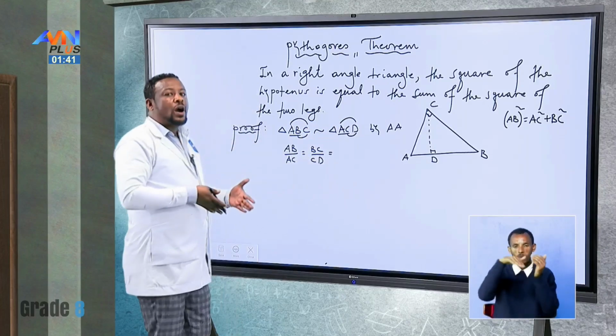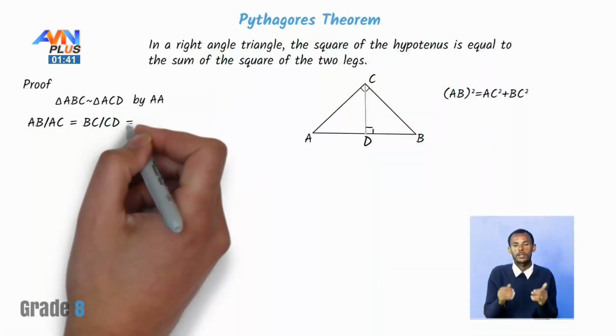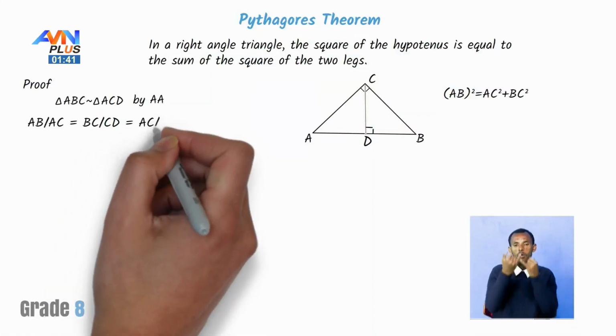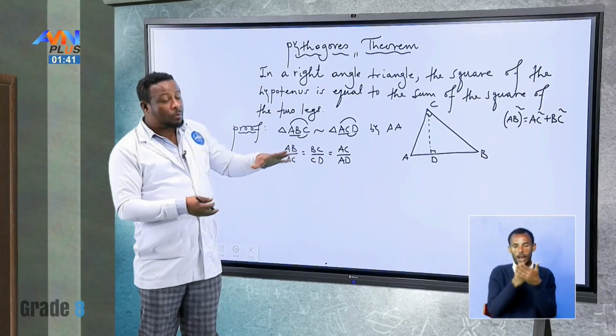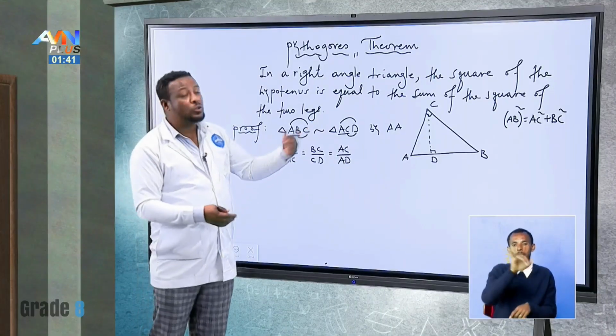All these ratios are equal. We can derive this proportionality by similarity of these two triangles.